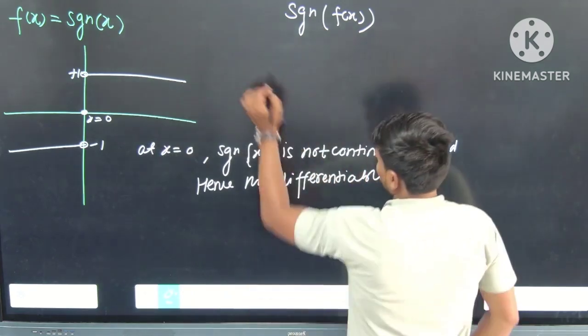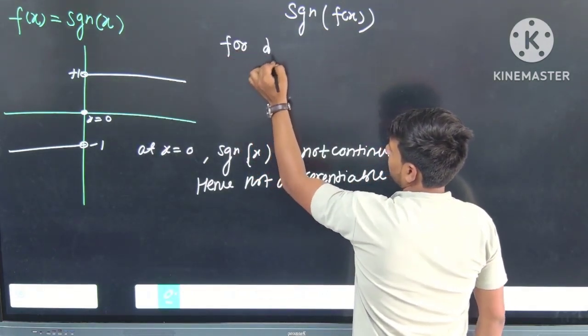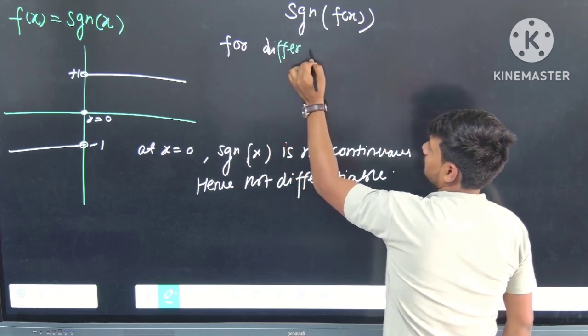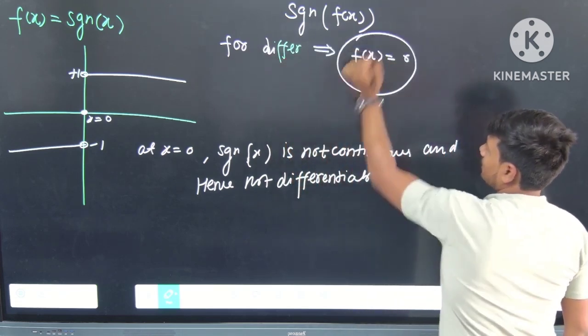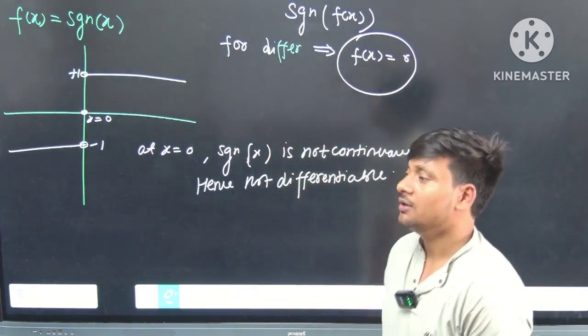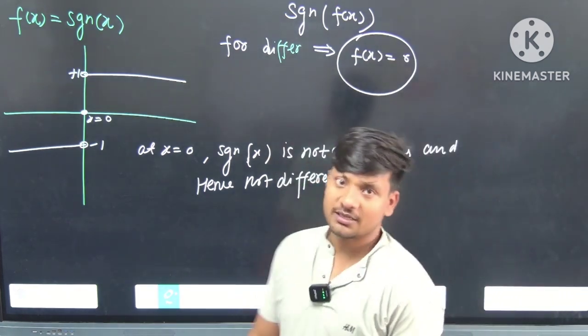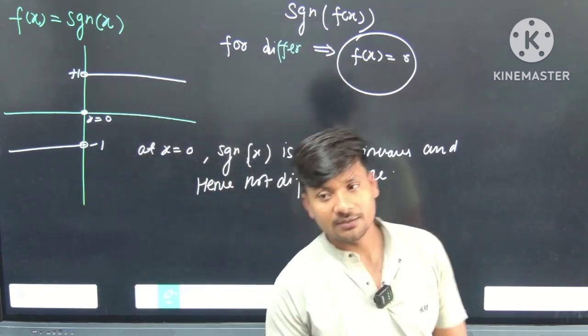So for differentiability, you just do f(x) equal to 0. Whenever f(x) is 0, the function will not be differentiable, and you can easily find the points where this function is not differentiable.